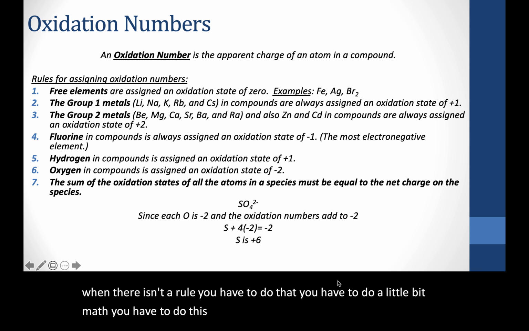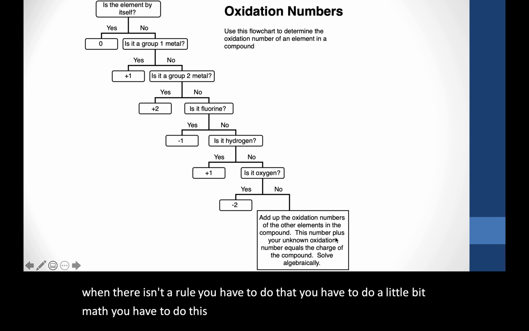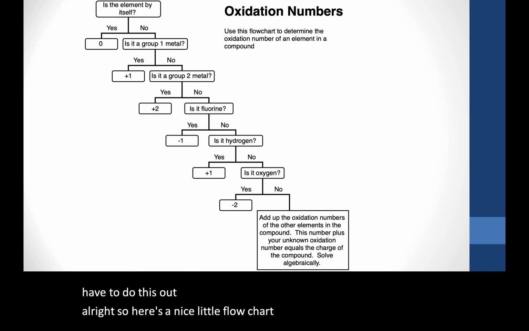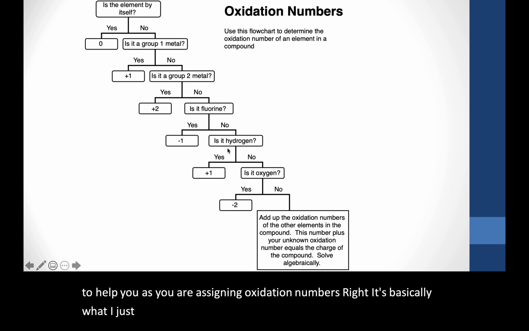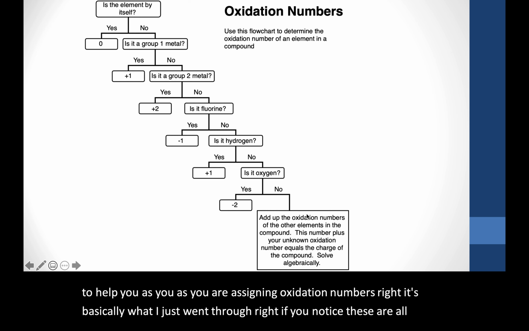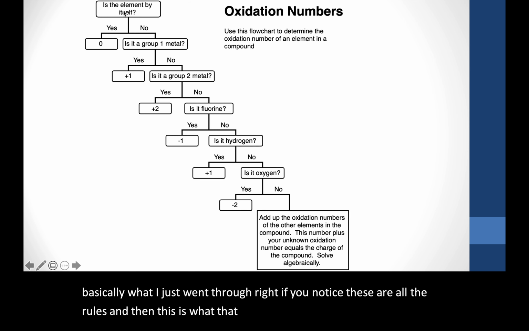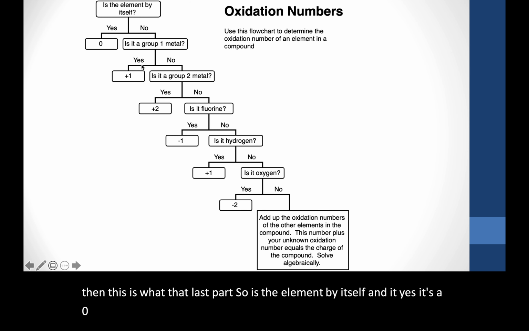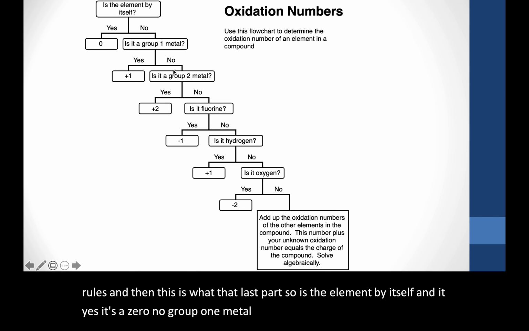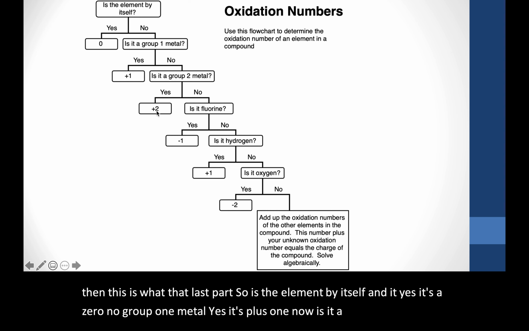Okay. All right, so here's a nice little flow chart I made that can help you as you are assigning oxidation numbers. It's basically what I just went through. If you notice, these are all the rules, and then this is that last part. So is the element by itself? Then yes, it's a 0. No. Group 1 metal? Yes, it's plus 1. No. Is it a group 2 metal? Then it's a plus 2.